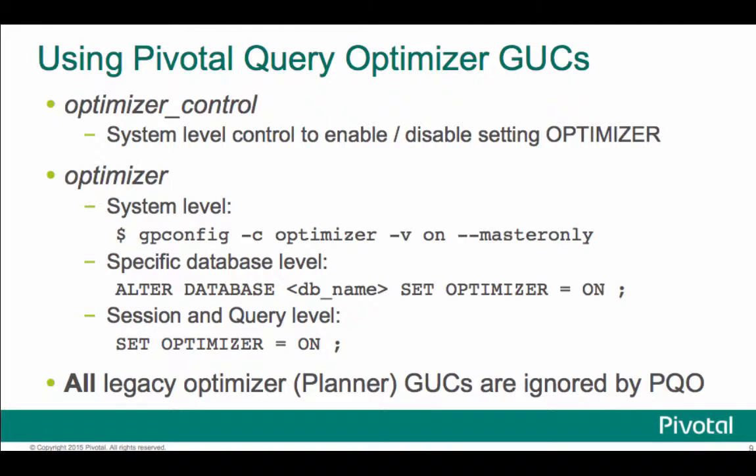You can use gpconfig if you're the DBA and set optimizer to be on, as shown here. You can alter database DB name, set optimizer equals on or off. And then you've got a session or query level where within your session you can just set the optimizer to the appropriate value. So all the legacy planner GUCs are ignored by PQO.